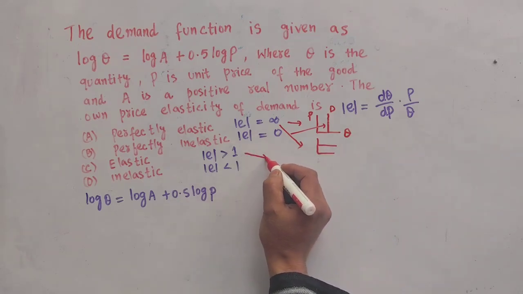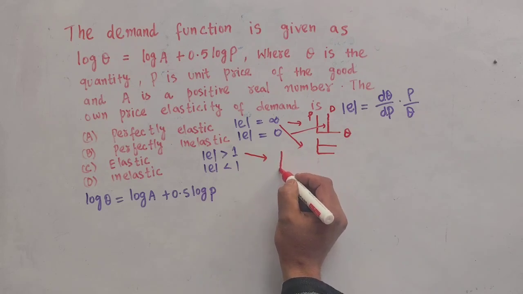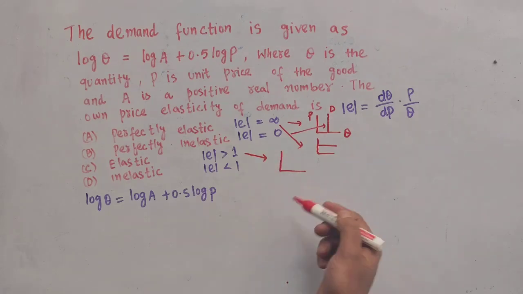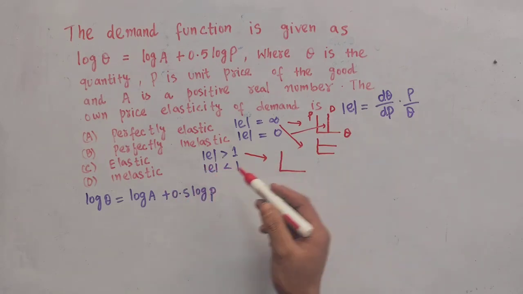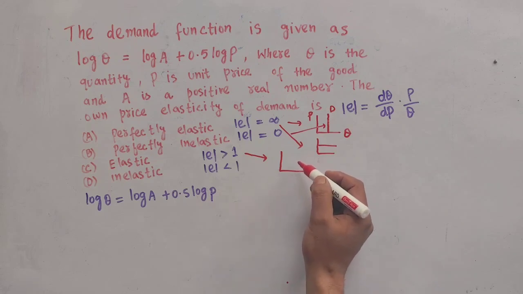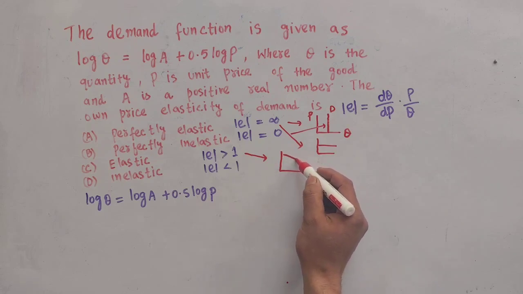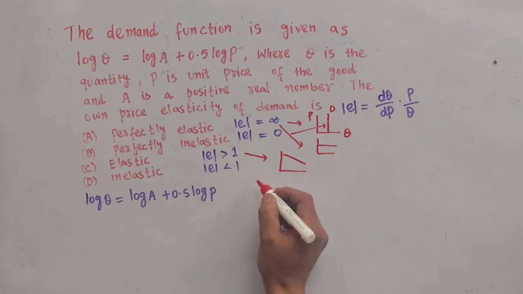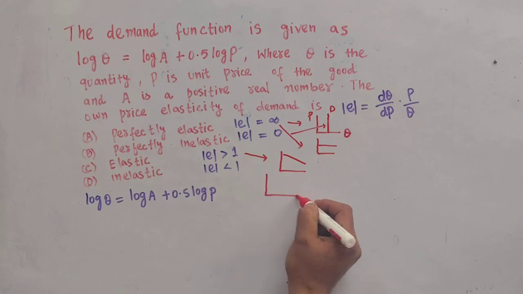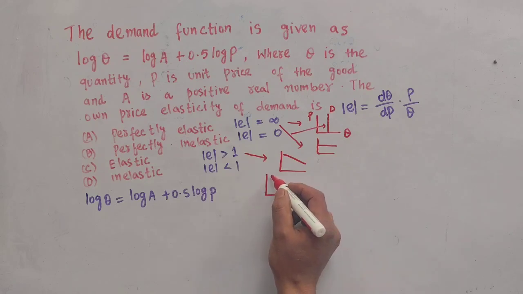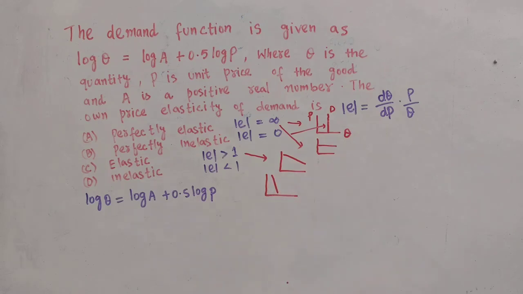For elastic, it will look like this. For inelastic, the graph will look like this.